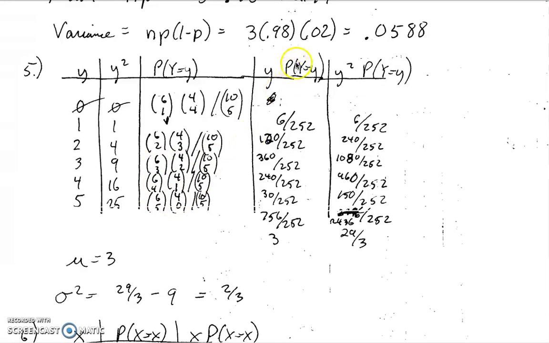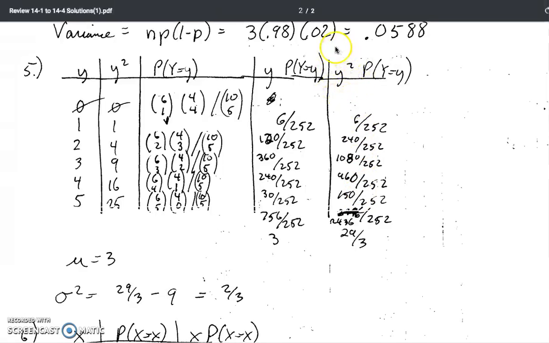Right? In the next column, we're simply multiplying that variable times the probability that it happens, and so I've worked that out. The denominator is 252. You can kind of work through that, and we can find that the mean here is 3, right? 756 divided by 252. Again, we work out the expected value of the square of the variable, right?